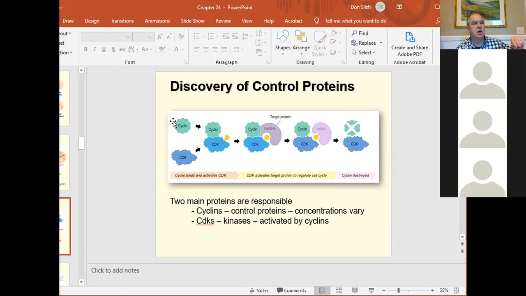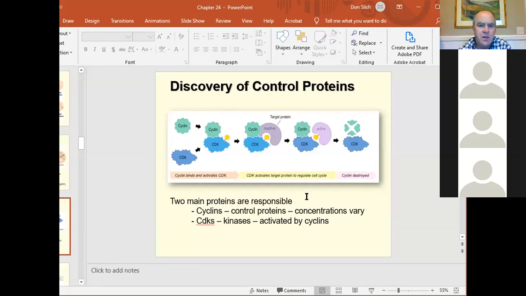So certain cyclins come up right before the G2 to M transition, and then they go down. And then other cyclins will come up before the G1 to S transition, and then they go down after it. So they cycle through the cell cycle, and that's why they're called cyclins.